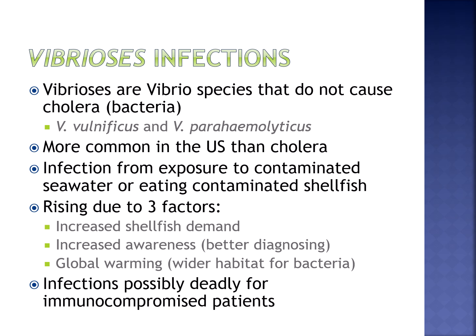But the thing that makes Vibrio kind of unique is that it's a contamination of seawater or contaminated shellfish that were living in contaminated water, and then you consume that seawater or you consume that shellfish.